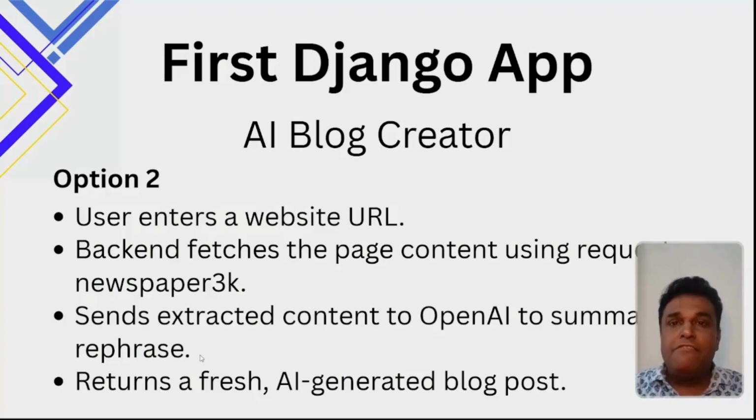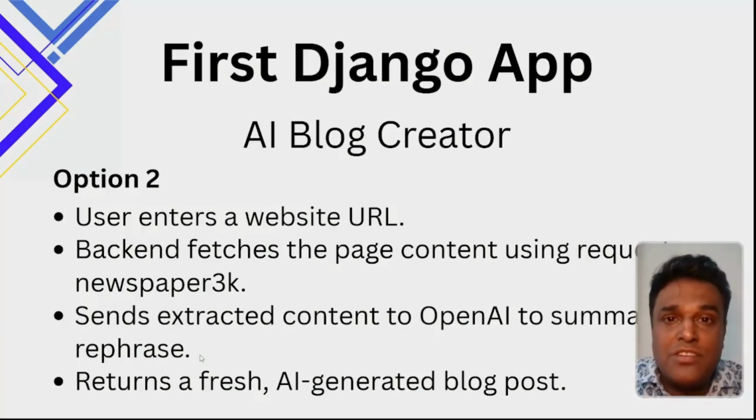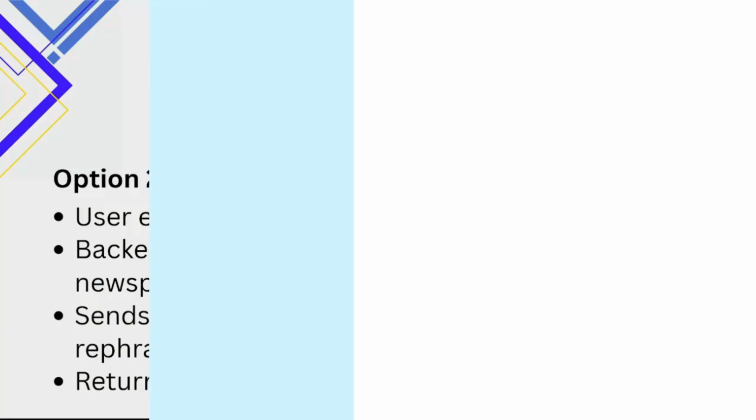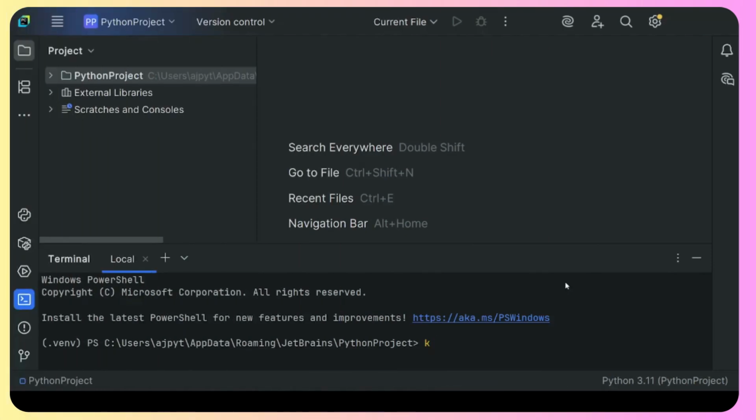Without wasting any further time, let's start with PyCharm, and I'm going to tell you the step-by-step process of how to start your web application. Okay, so let's begin. So here we are inside PyCharm, and as you can see, I have created a virtual environment, that is the Python project.